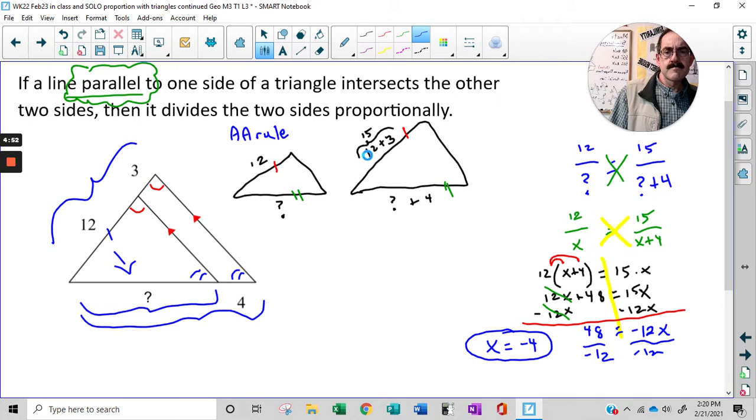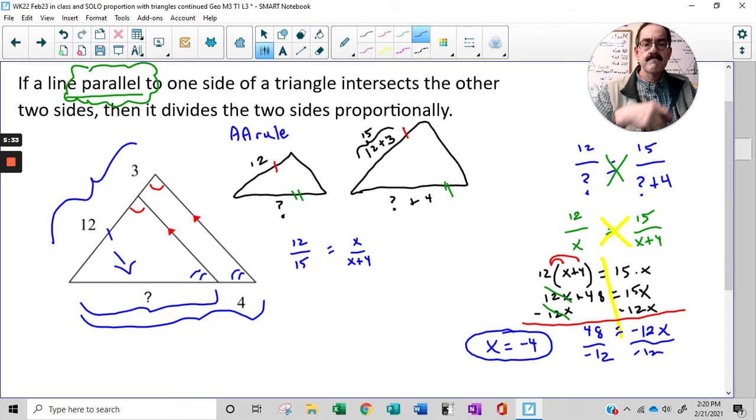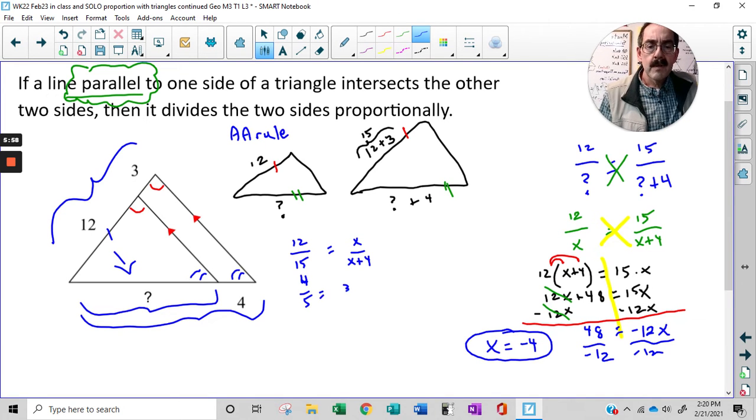Let's think off to the side here. 12 to 15 as x to x plus 4. 12 and 15, there's a 3 in there, so 4 and 5. 4 over 5 as x over x plus 4, so 5x equals 4x plus 16. X equals 16. So 12x and 48, 12x and 40.